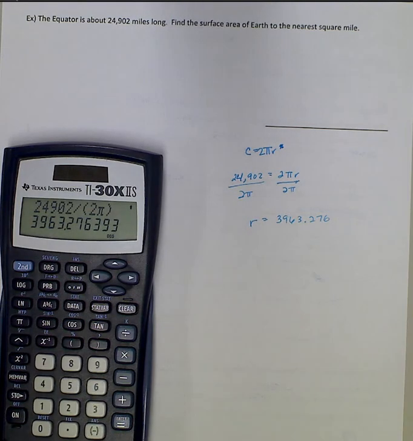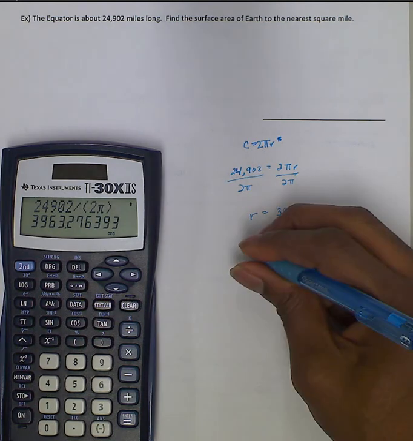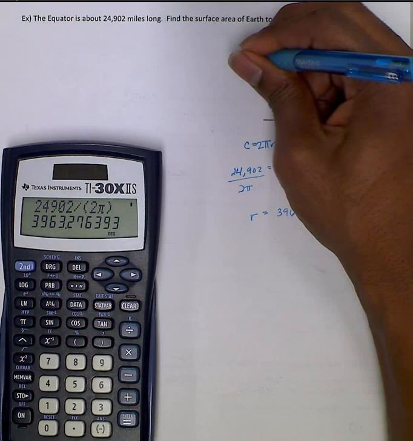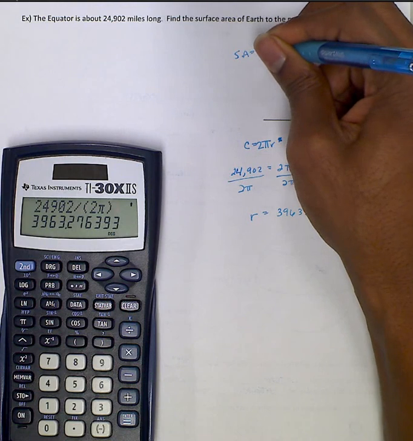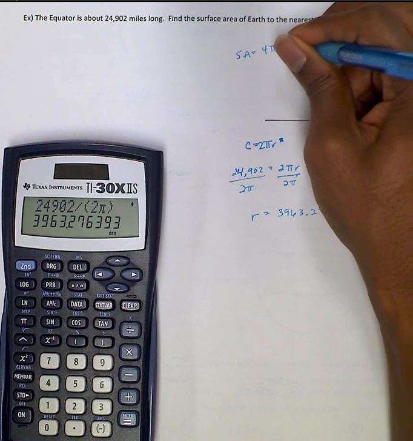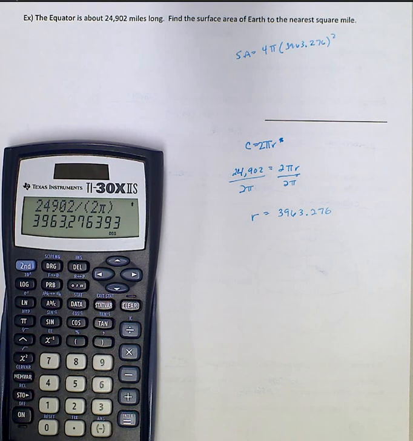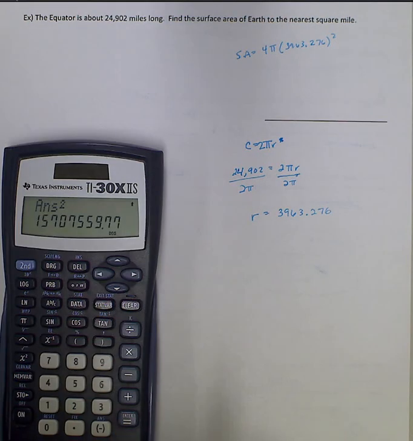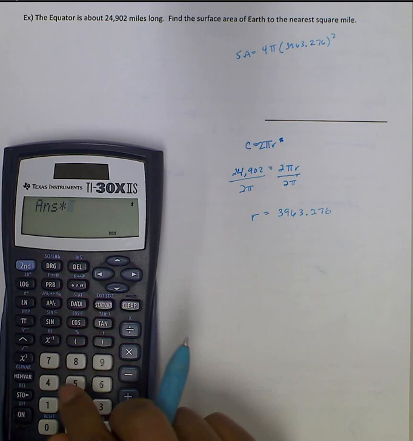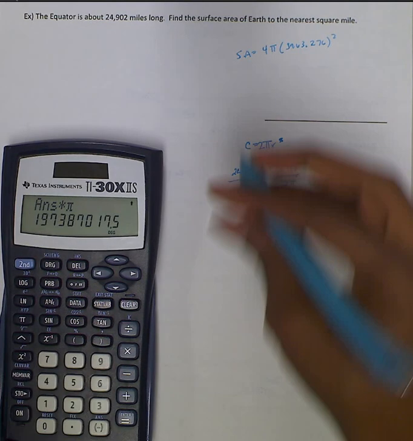While that might be the decimal that my calculator gave me, I'm going to do my best to keep this as it is as I go through the problem. So I know that the surface area is 4 pi r squared. What I'm going to do is square that, times 4, times pi, and that will give me this number.